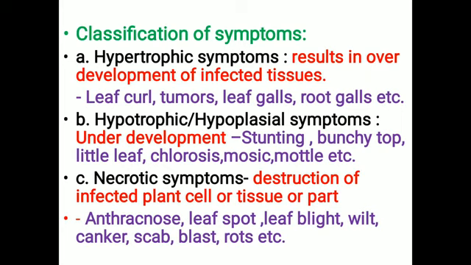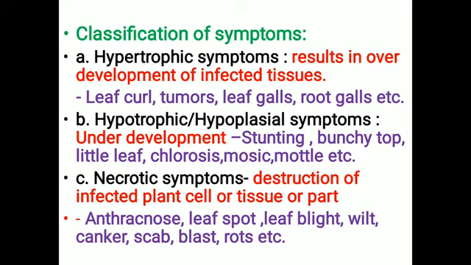Hypo means what? Reduction or underdevelopment. So when there is underdevelopment of the plant or different parts of the plant due to infection of pathogen, it is called hypotrophic or hypoplasial symptoms.